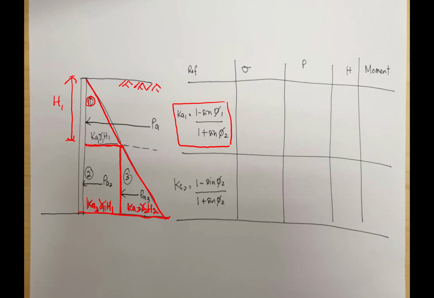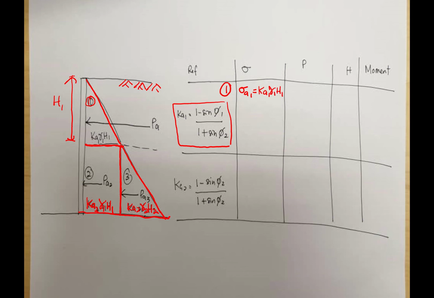For the calculation, conveniently we are referring one by one. For reference number 1, you must calculate stress 1. Whatever is at the base of your triangular area, you just take everything, Ka1 gamma 1 H1.